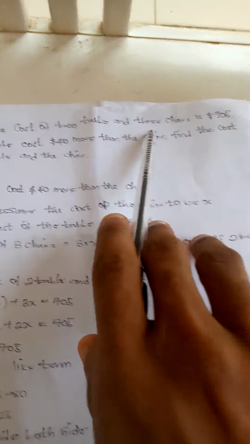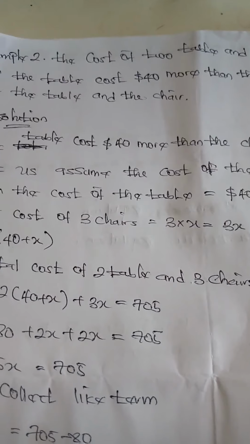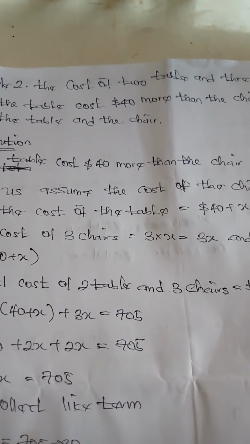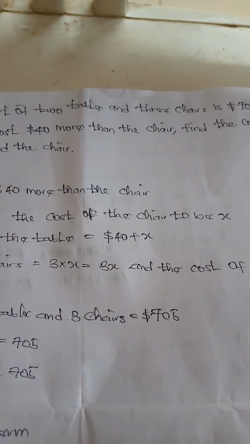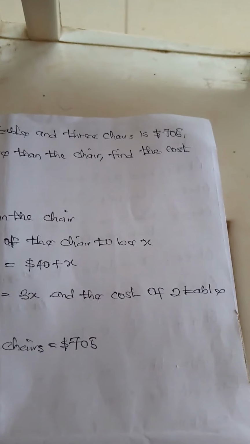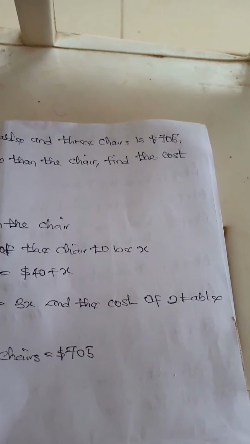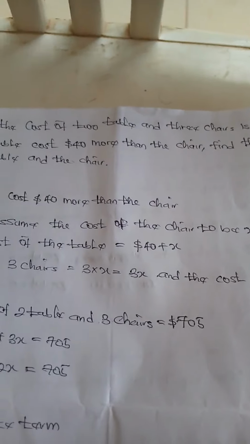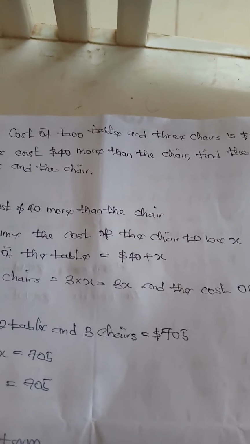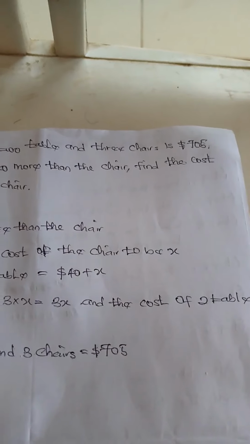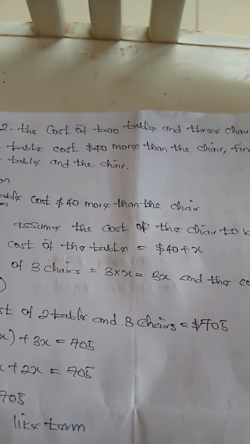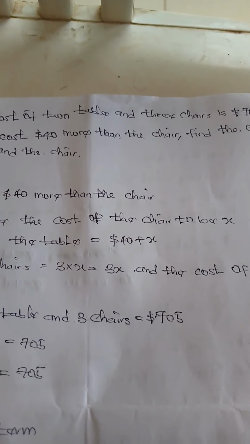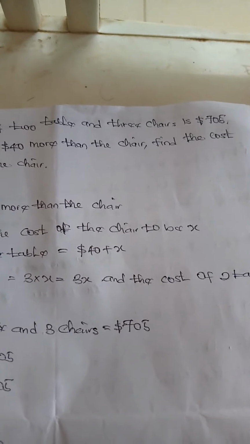So going back to our steps, first we read the question again. The cost of 2 tables and 3 chairs is $705. That is the total amount. If the table costs $40 more than the chair, find the cost of the table and chair. So what are we looking for in our second step? We're looking for the cost of the table and the chair.